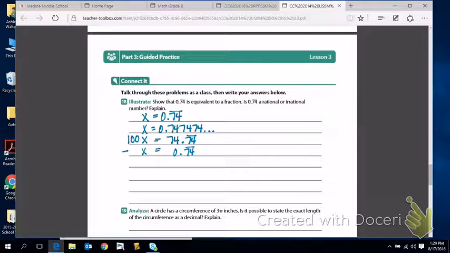We now subtract our results, and 100x minus x leaves us with 99x. Our repeating pattern now drops off and we're left with 74. So we'll divide 99 to solve the one-step equation, and then we're left with x is equal to 74/99.